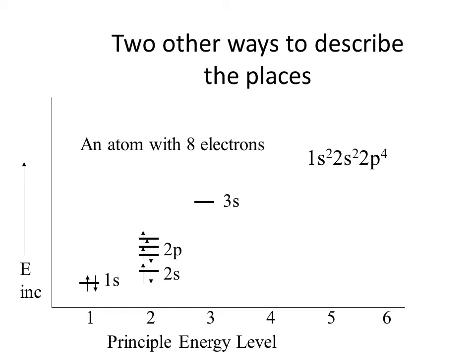This says 2s with 2 electrons in it, and you can see 2s, 2 electrons in it. And then 2p sublevel with 4 electrons in it. 1, 2, 3, 4, and so I have a superscript of 4 electrons. And this is our most common way of representing electronic structure rather than using one of these charts or the boxes.